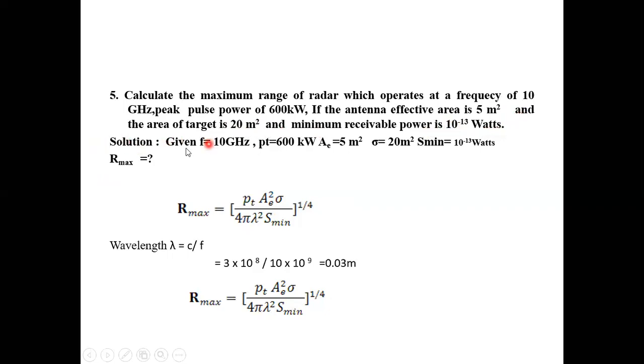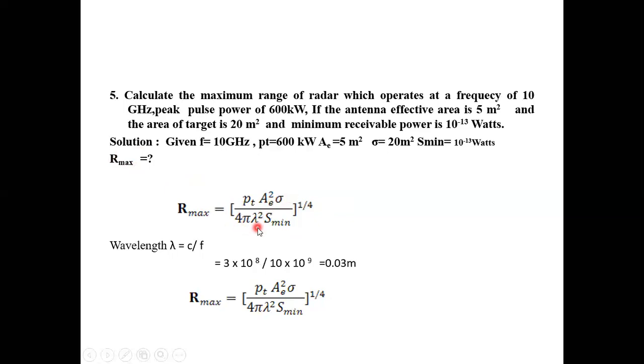So for that, we have to write down the given data: f equal to 10 gigahertz, Pt, the power transmitted, equal to 600 kilowatt, AE, the effective aperture, equal to 5 meter square, sigma is 20 meter square, and S min is 10 to the power of minus 13 watts.